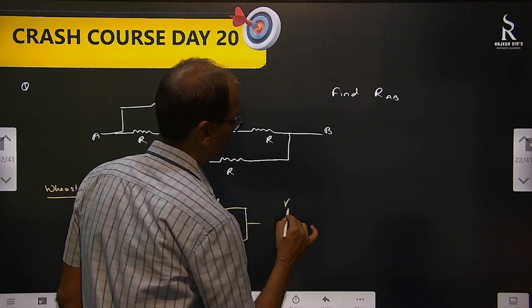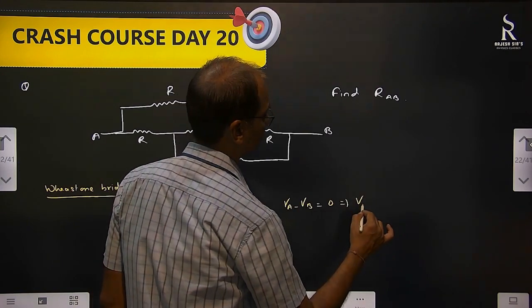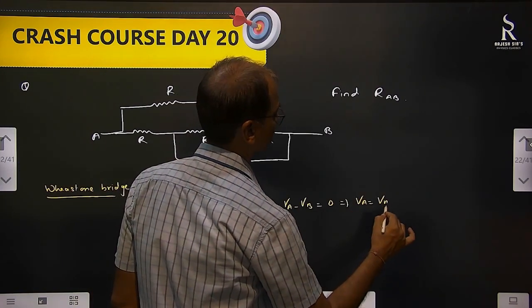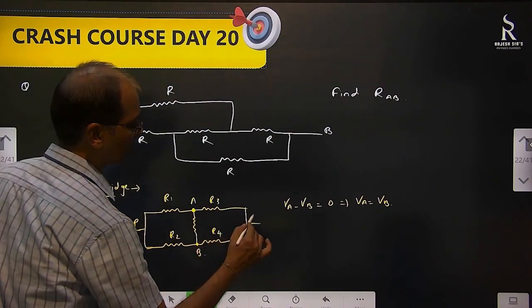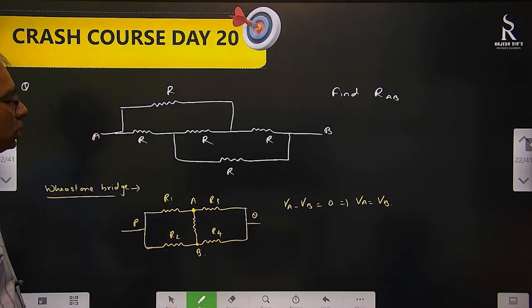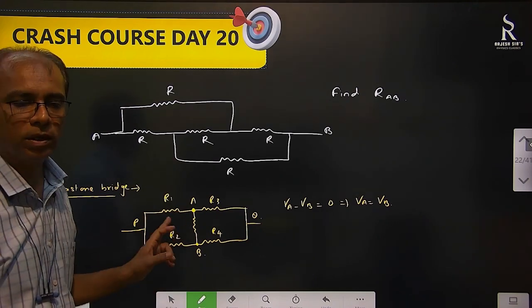Okay, VA minus VB is 0. That is VA equal to VB. Okay, let's assume this point is P here and this point is Q. So if VA minus VB is 0, that means VP minus VA will be equal to VP minus VB.